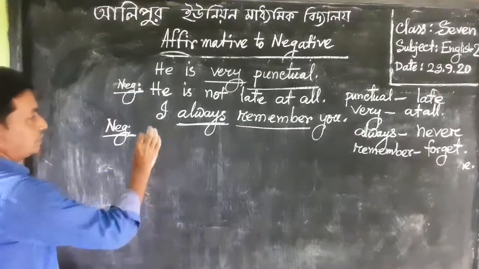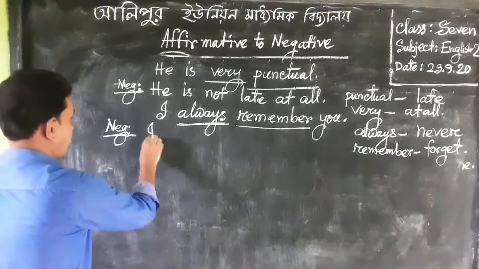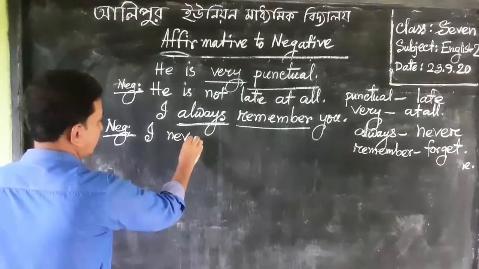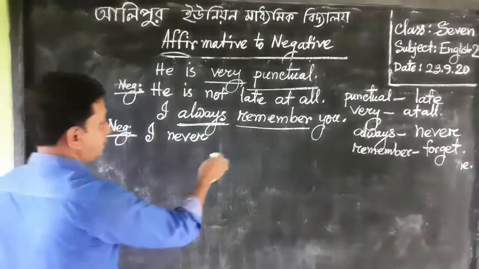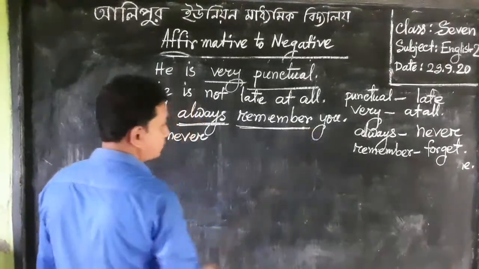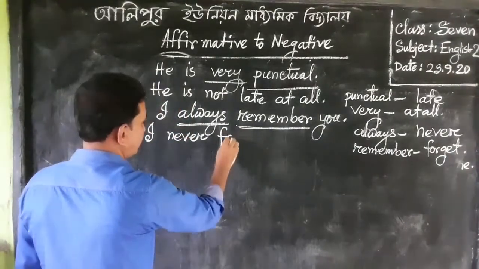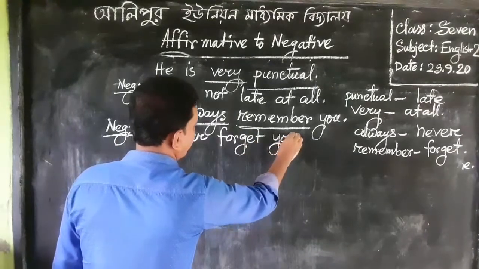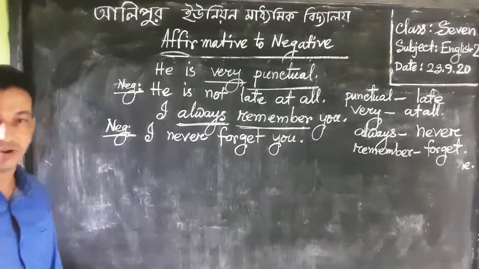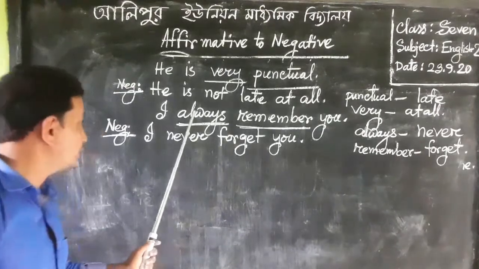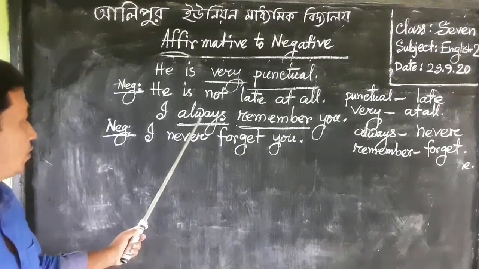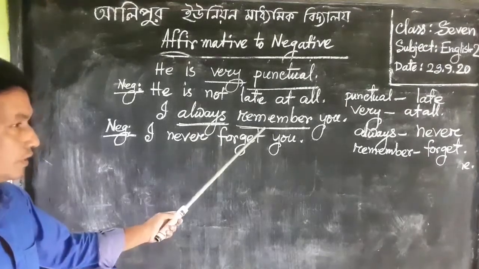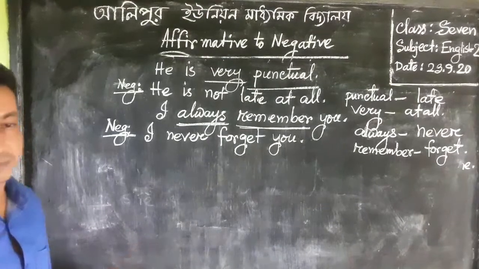So we can change the sentence in this way: I never forget you. Because in the first sentence, always has been changed into never, and remember has been changed into forget.